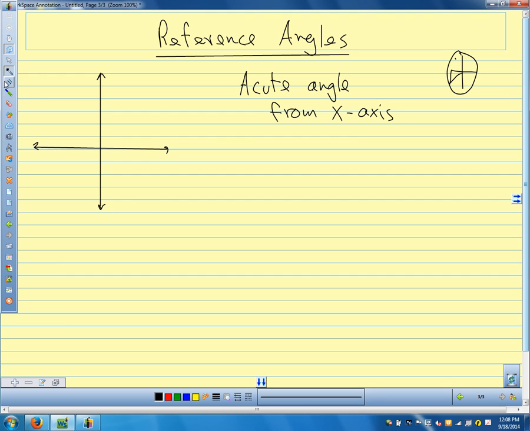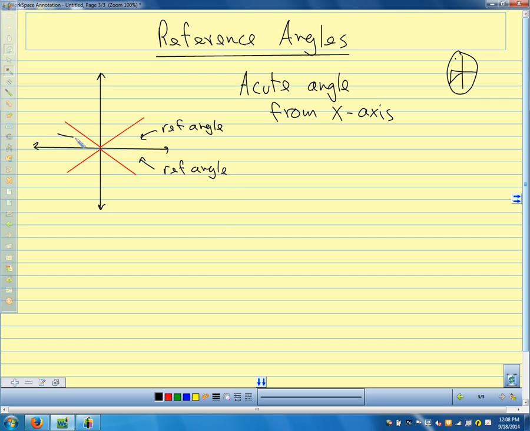So if I draw reference angles on here, this angle would be the reference angle. This angle is the reference angle. So this little one in here.